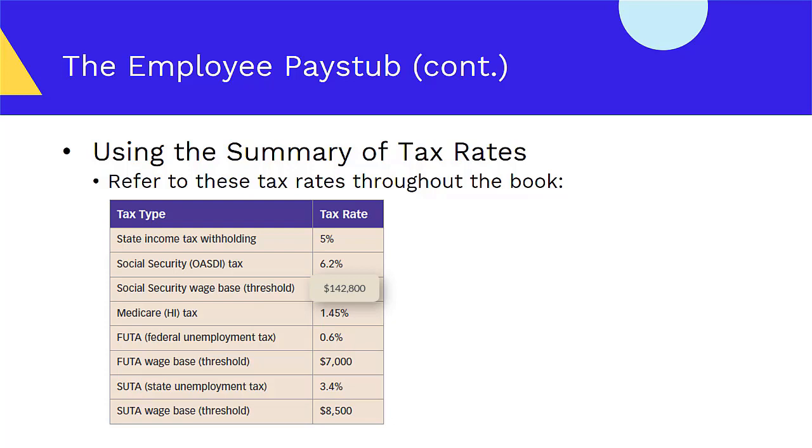It contains the different tax types, such as state income tax withholding, which we'll assume in this class to be 5%. Social Security tax is 6.2%, Medicare tax 1.45%, federal unemployment and SUTA tax rates and thresholds. Bookmark this page and refer back to it when needed.